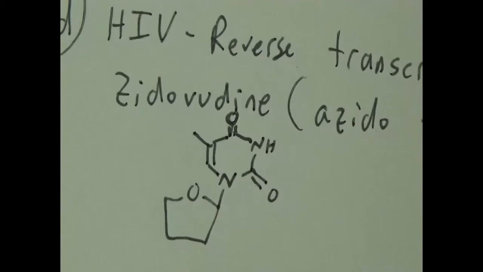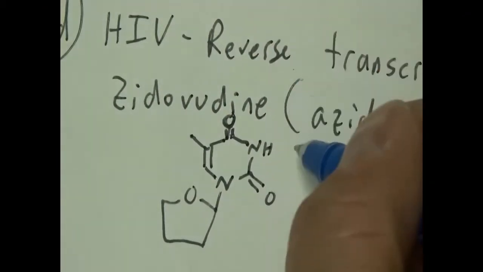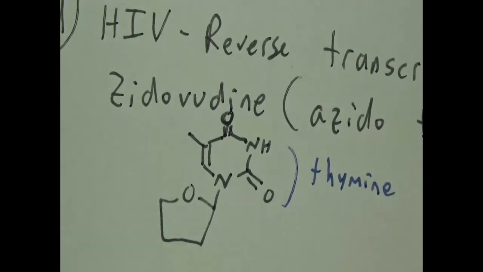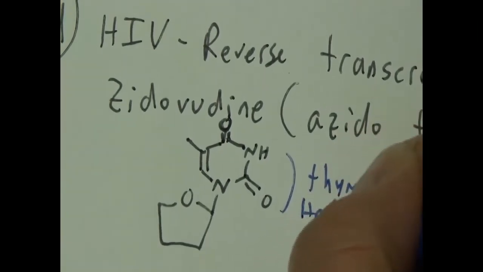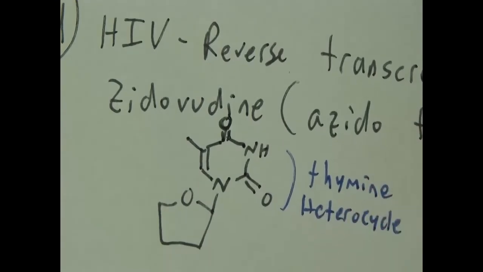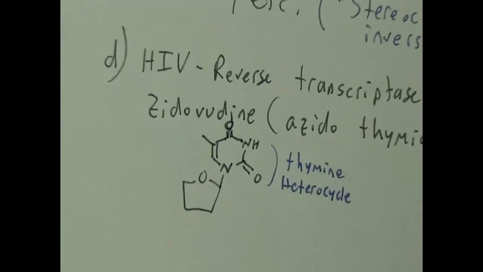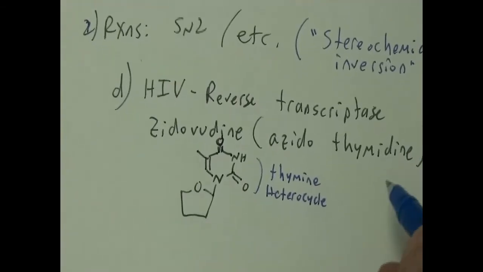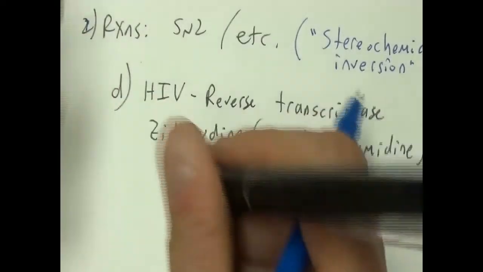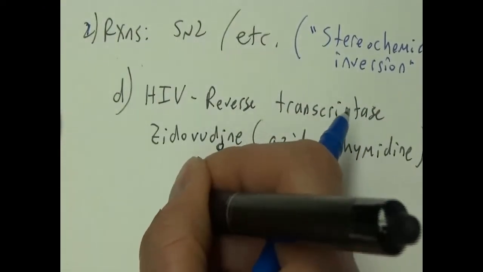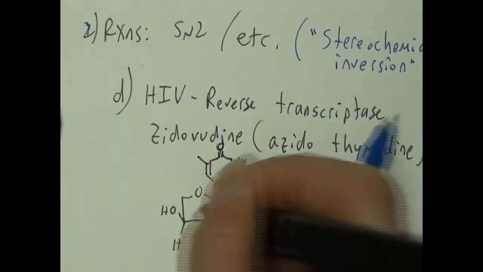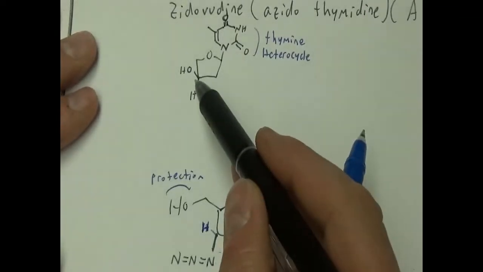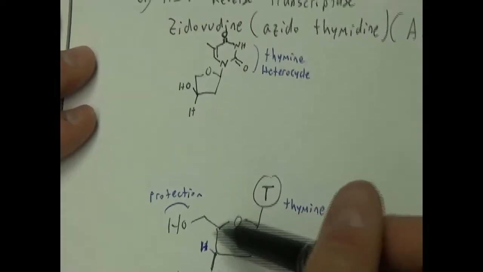Okay, so that's the thymine heterocycle, which I'm abbreviating as T in my final product. And then, like I said, they have the alcohol going the other direction, and it'll be converted to a leaving group, and then it's going to do the SN2. So we start with it going up, and we end with it going down, so that you can see what's going to happen.